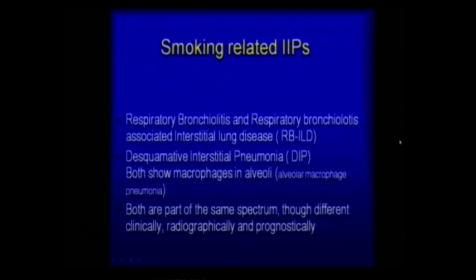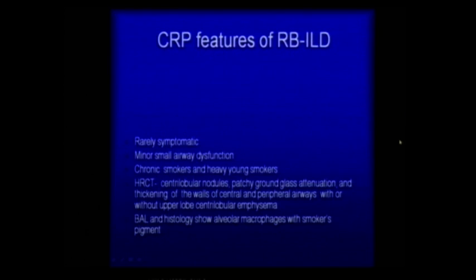Respiratory bronchiolitis itself may not give much HRCT findings, but there is something called RB-ILD, that is respiratory bronchiolitis induced interstitial lung disease. That is what we are talking about. And both these things will show macrophages in alveoli and even pigment, what is called a smoker's pigment. So, both are part of the same spectrum, though different clinically, radiographically and prognostically.